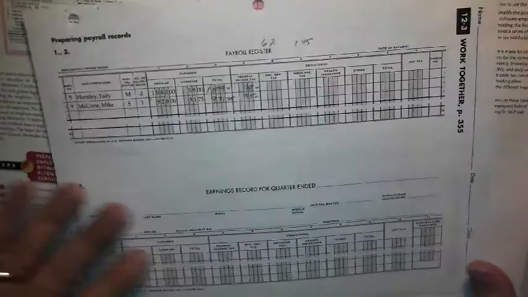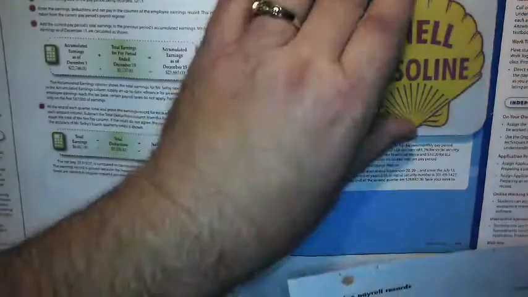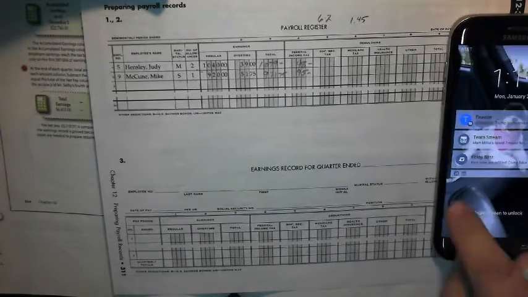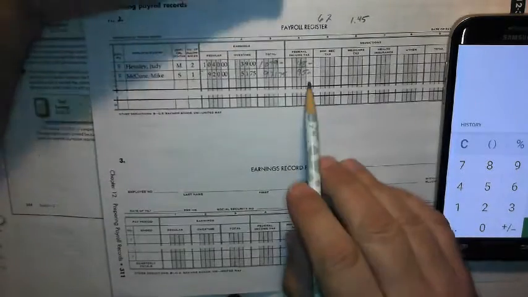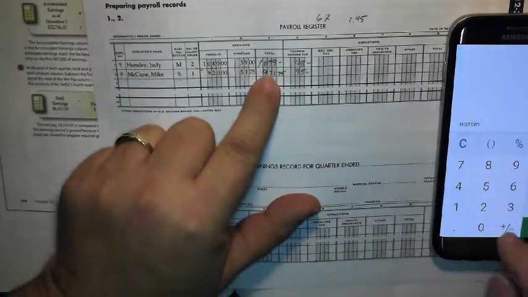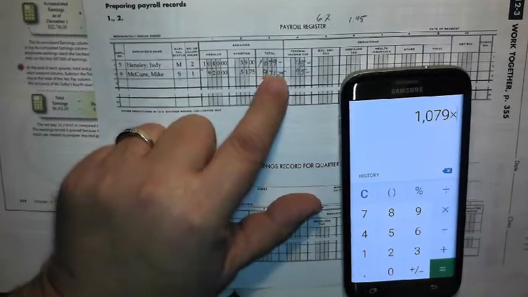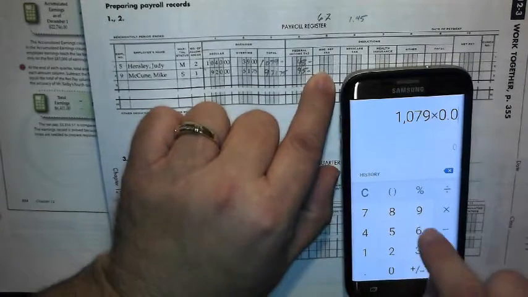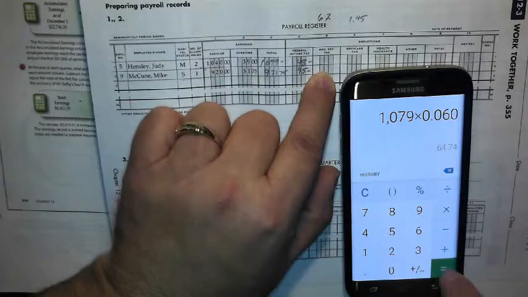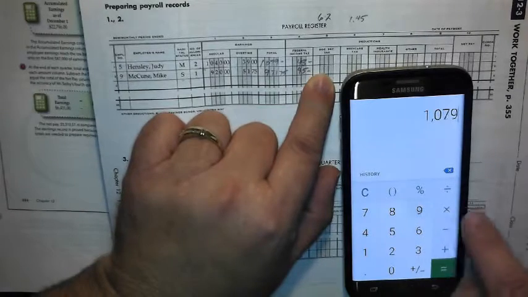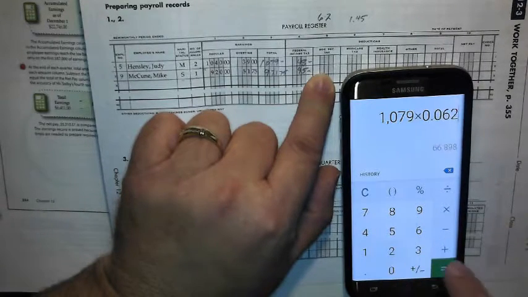Okay. Before we go any further, let's flip back, so that way we're where we need to be. So we've got the calculator, Social Security for Judy, 1079 times 0.062.